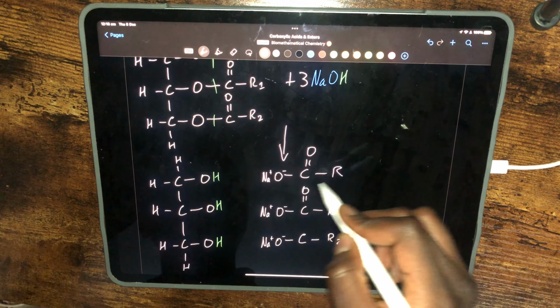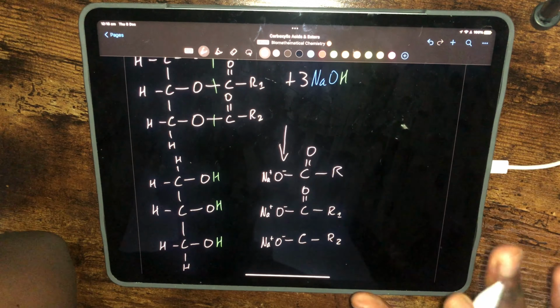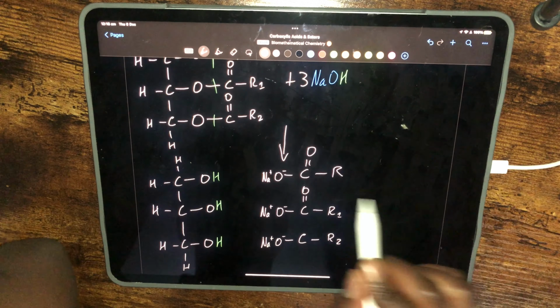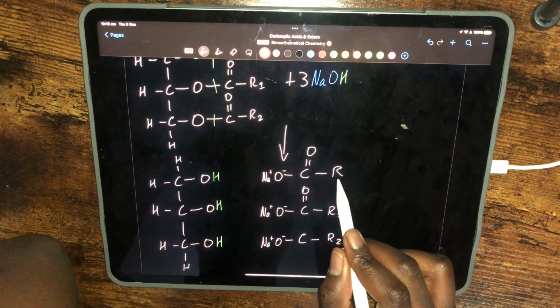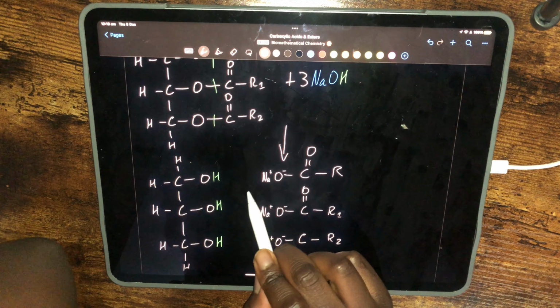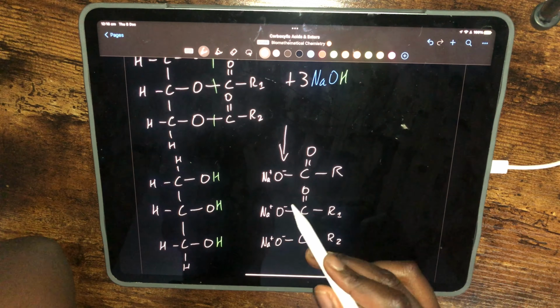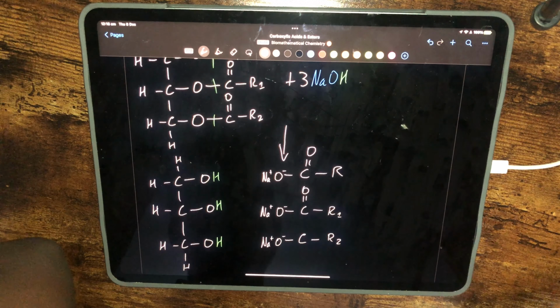I kind of muddled up the wording as I said it. So this will bind to any dirt on your skin, and then it will get washed away because this part here would be attracted to the water, and that will go down the drain as it's carrying dirt. And that's how you get clean. That's how soaps work.